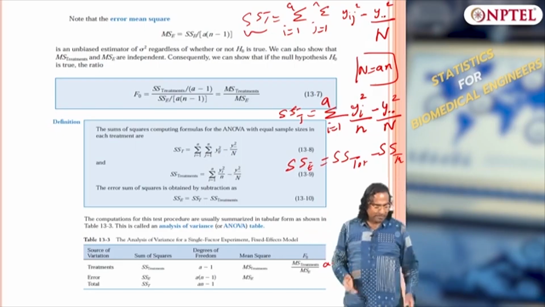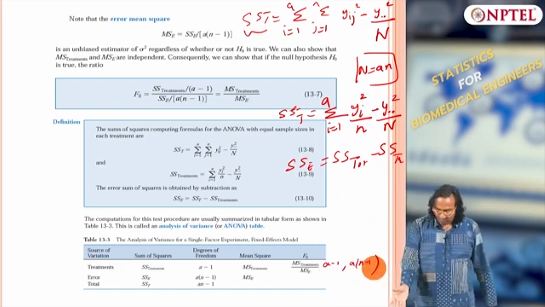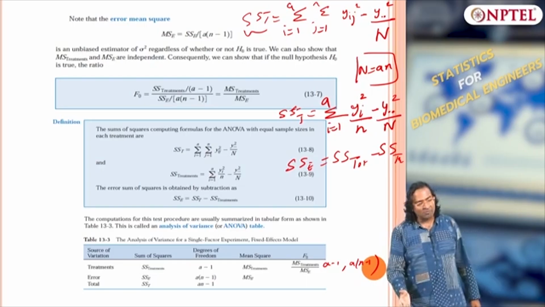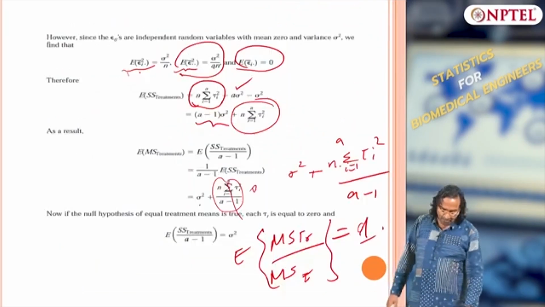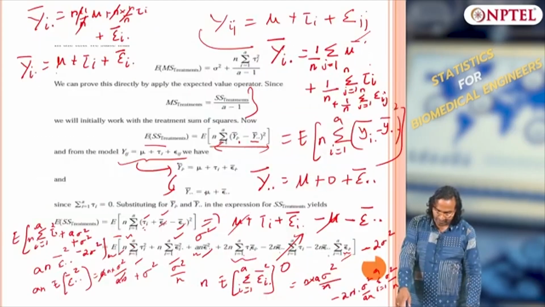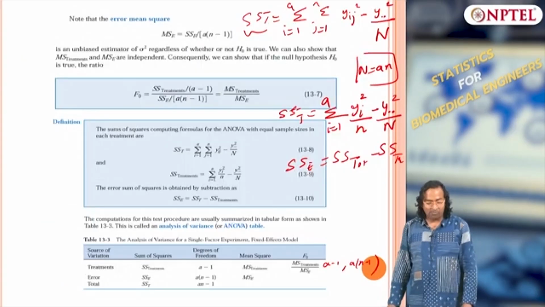And then sum square treatment is again the same: the individual treatment variation minus y dot dot squared by N. And sum square error is nothing but sum square total minus sum square treatment. These are obtained by simplifying these equations. So we have given it as a formula.